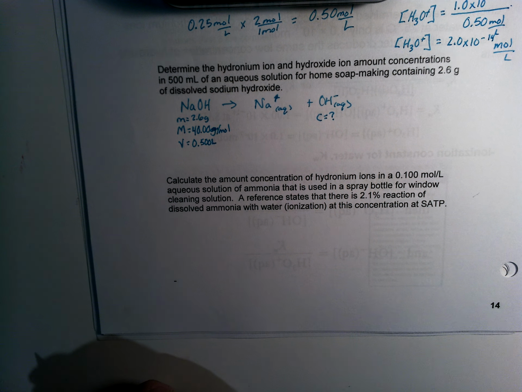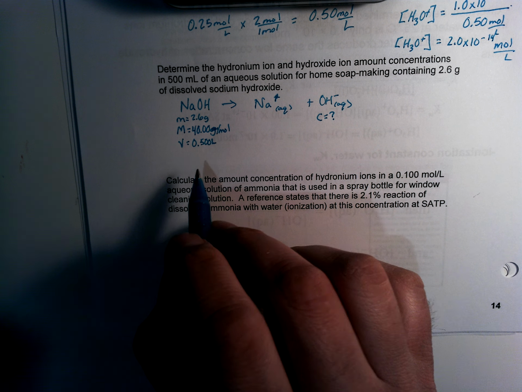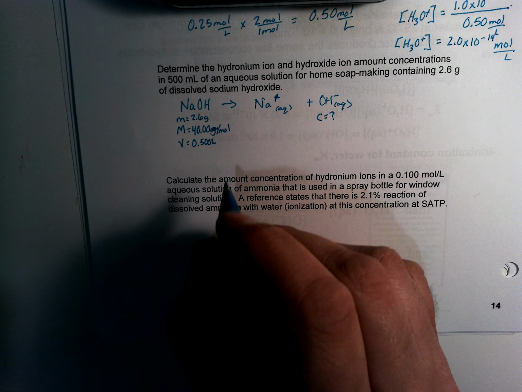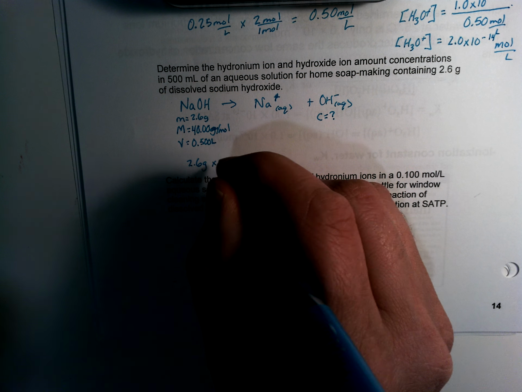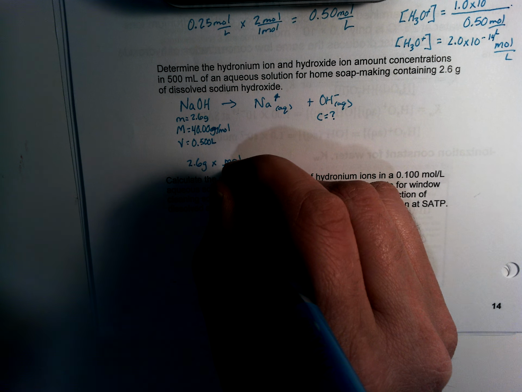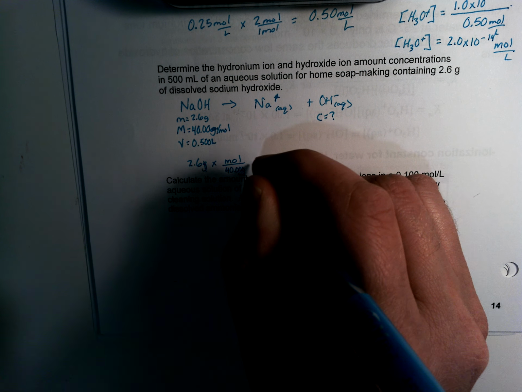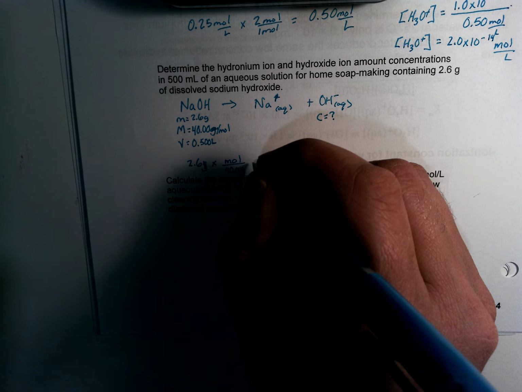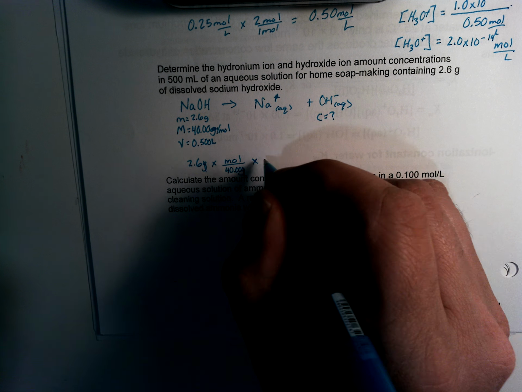Okay, we want to find what is this concentration. That's kind of the first thing we need to find. Okay, so we're using stoich. Okay, it's a 1-to-1 ratio. Okay, so we'll just start with our mass, 2.6 grams times 1 mole over 40 grams. That gets rid of our grams. So we have moles of this, but we want moles of this.